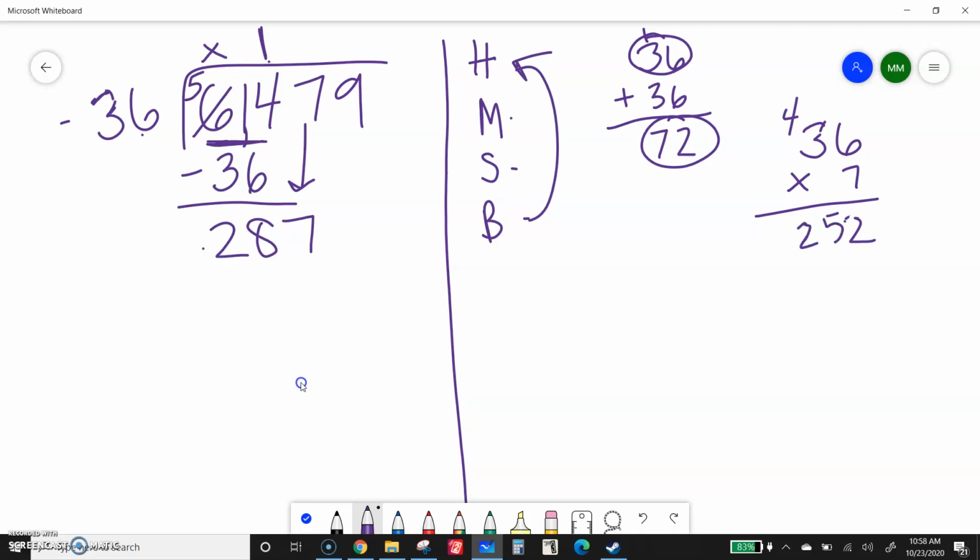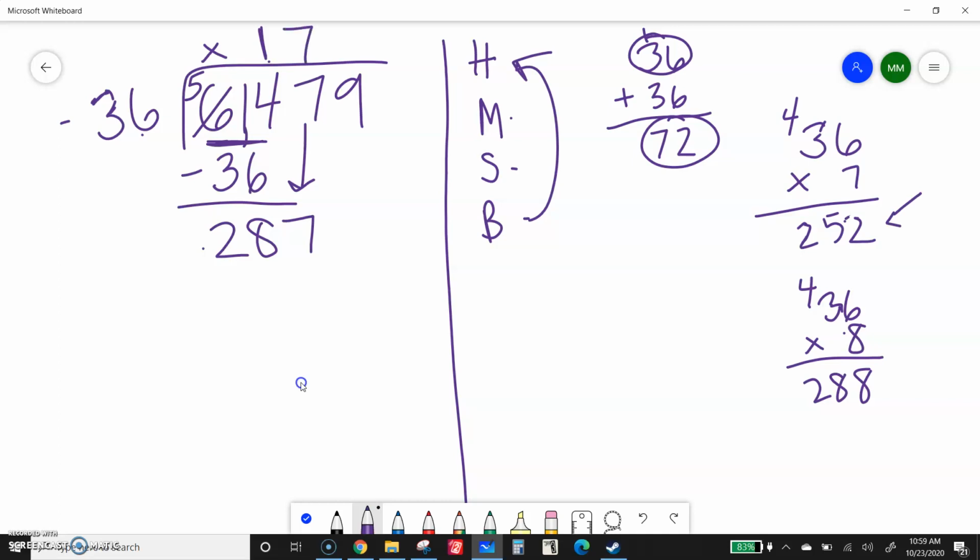Okay, so that's close. Let's see if I can do another one. Times 8. You might use the lattice or the window method for this, which is fine. 48. 3 times 6 is 24, so that's 28. Okay, that is one too big, so I'm going to go back to 7 times.